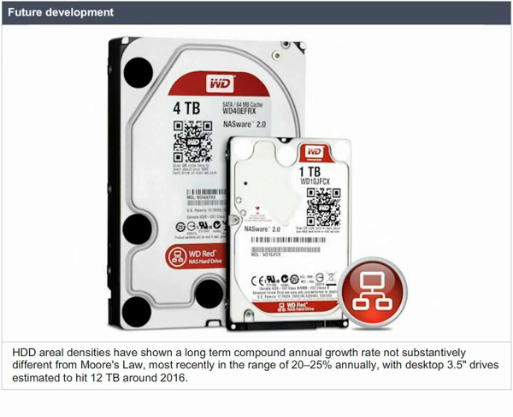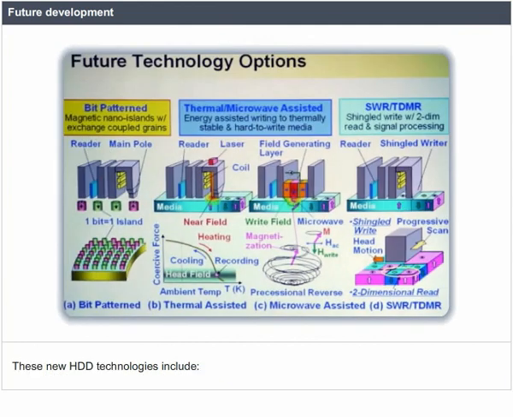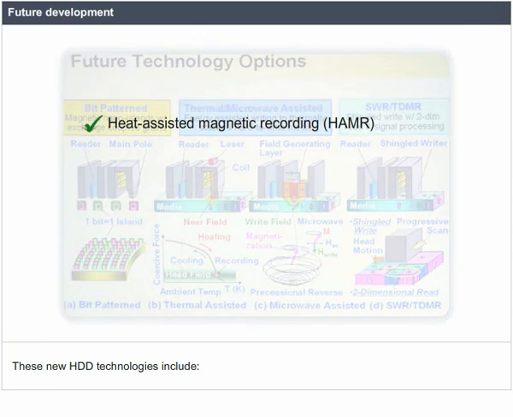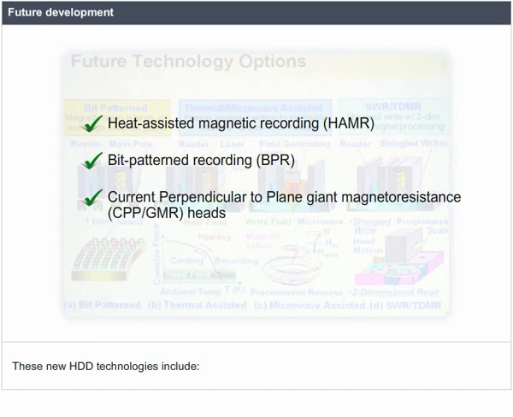New magnetic storage technologies are being developed to support higher areal density growth and maintain the competitiveness of HDDs with potentially competitive products such as flash memory solid-state drives. These new HDD technologies include heat-assisted magnetic recording, HAMR, bit pattern recording, BPR, current perpendicular to plane giant magnetoresistance, CPP GMR heads, and shingled magnetic recording, SMR.